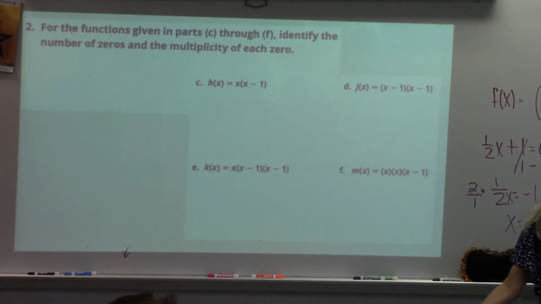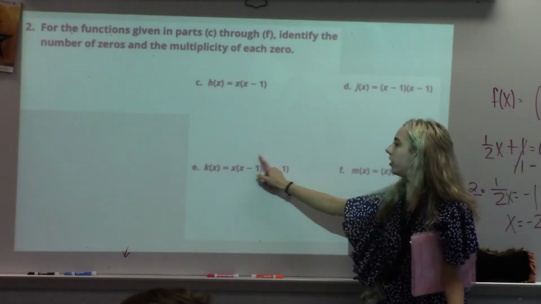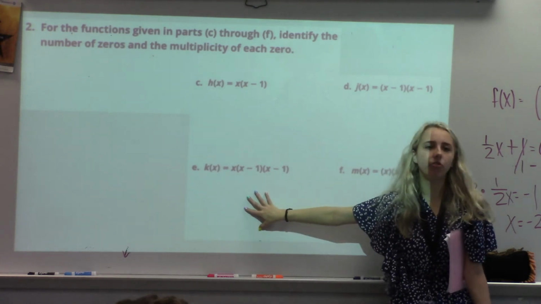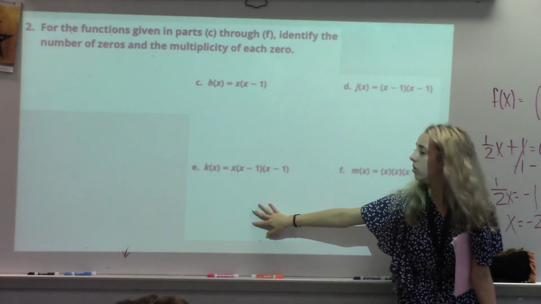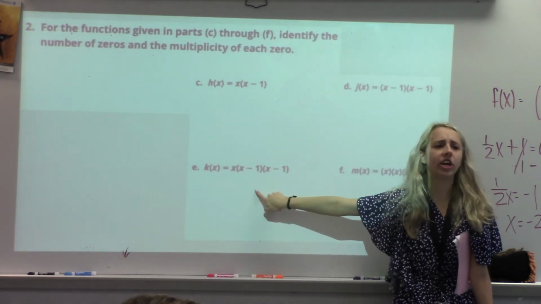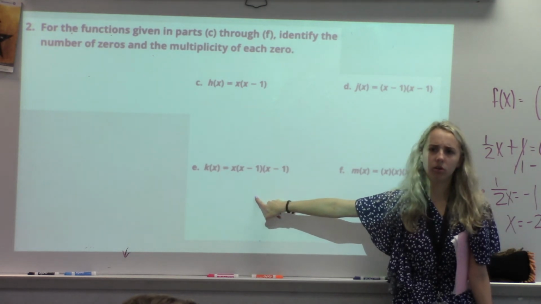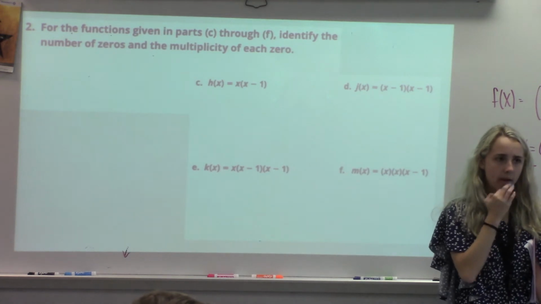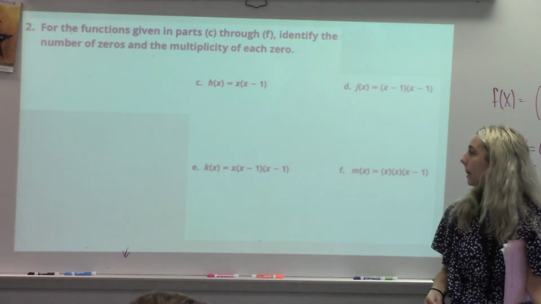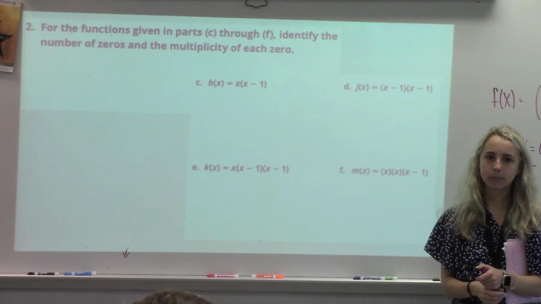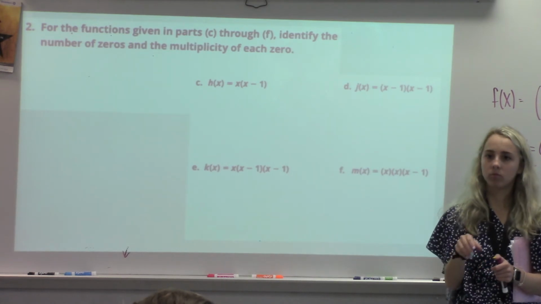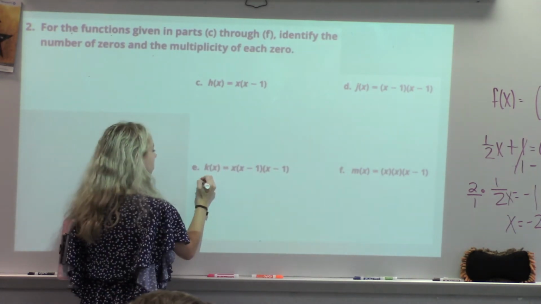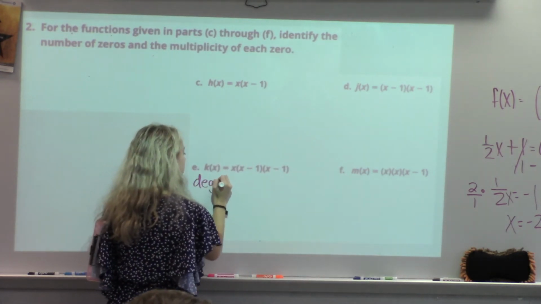Okay, let's look at E here, for example. How many zeros do I have here in E? What's the degree of this function? Cubic, 3. So if I have a cubic function, how many zeros do I have? You have 3, because you say x equals 0. So we'll write degree 3.